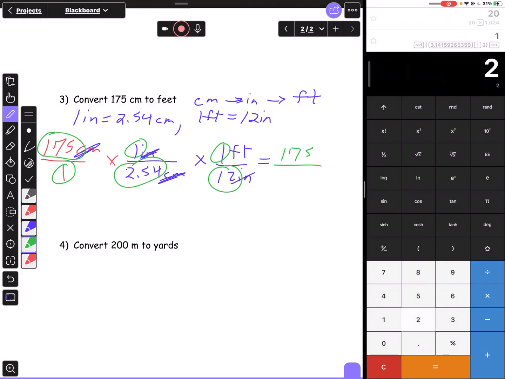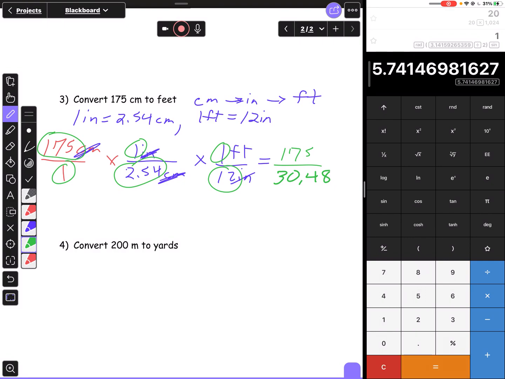So if I take 2.54 times 12 equals 30.48. Now I'm going to take 175 divided by 30.48.